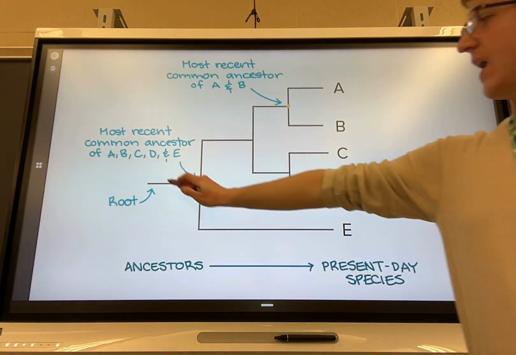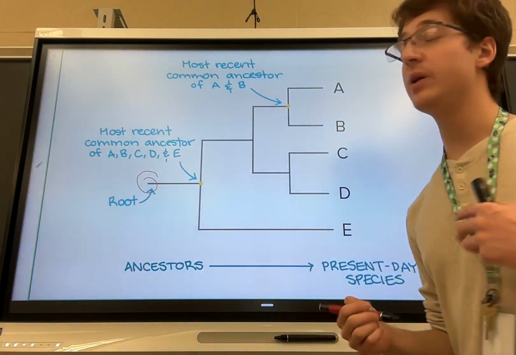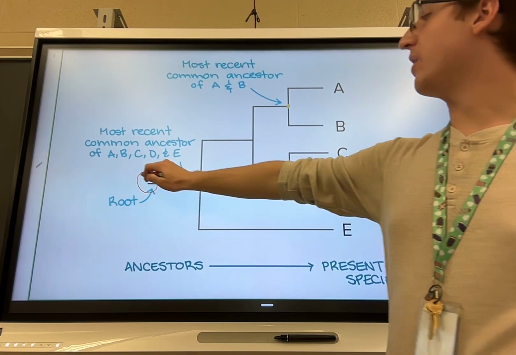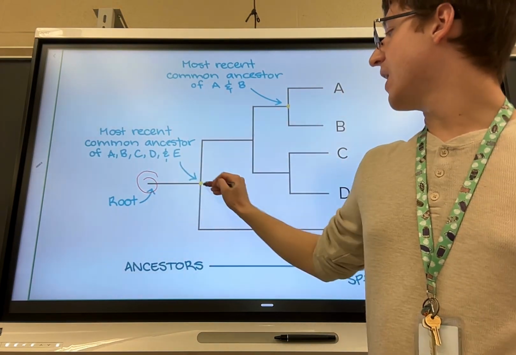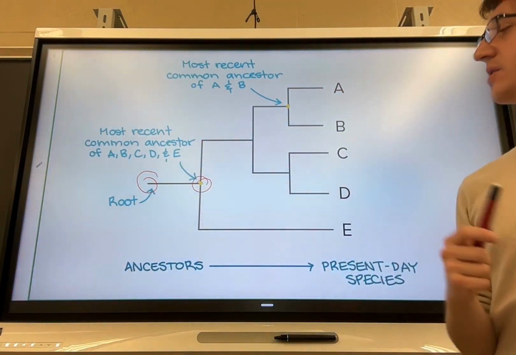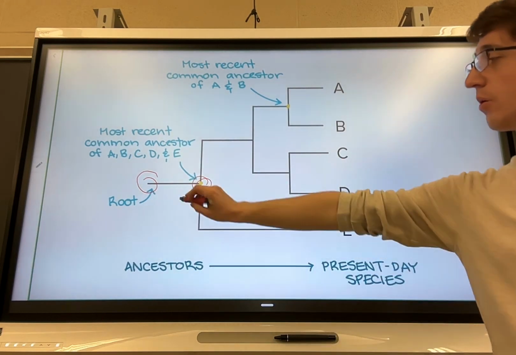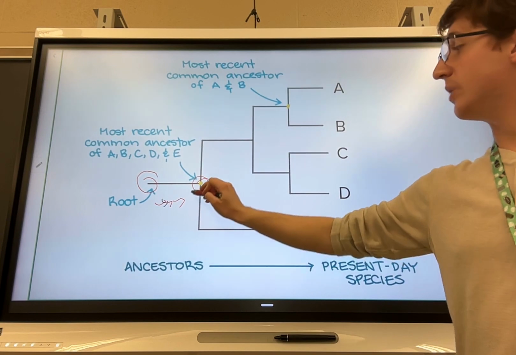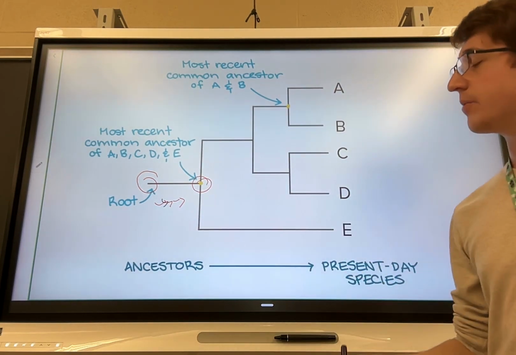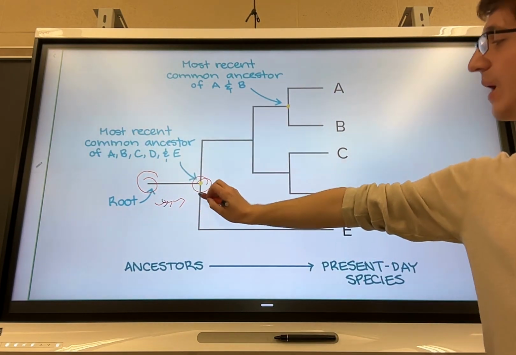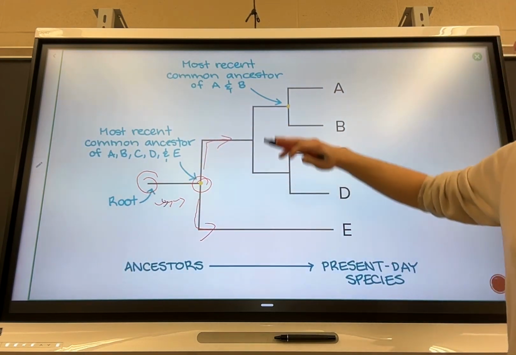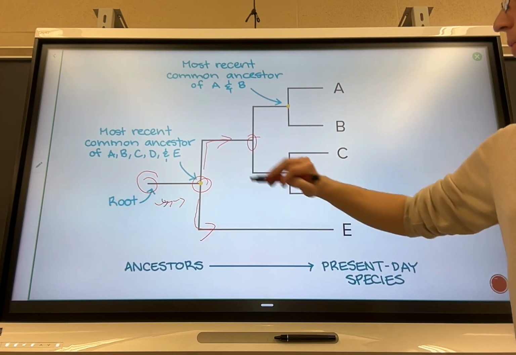So you can see we have a root. The root would be what we consider the most common ancestor, or the origin of species, and they are going to meet at this common ancestor down here. So over time there may have been some steps to get to this common ancestor through the root. But then they diverged into 2 different lineages. This first lineage on top has a common ancestor here.